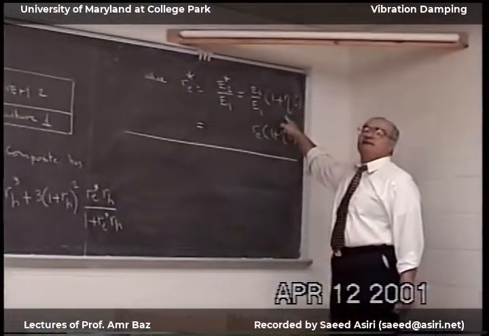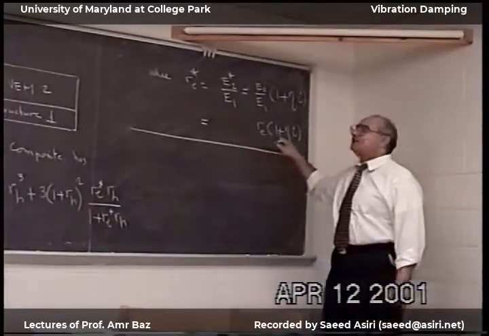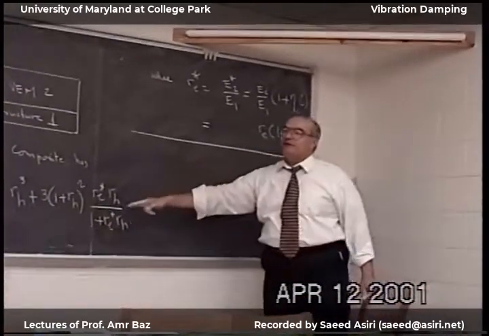Now, this R is given by this. I want to calculate this eta. So now I'm going to come here, replace each one of these by this, and substitute it here.